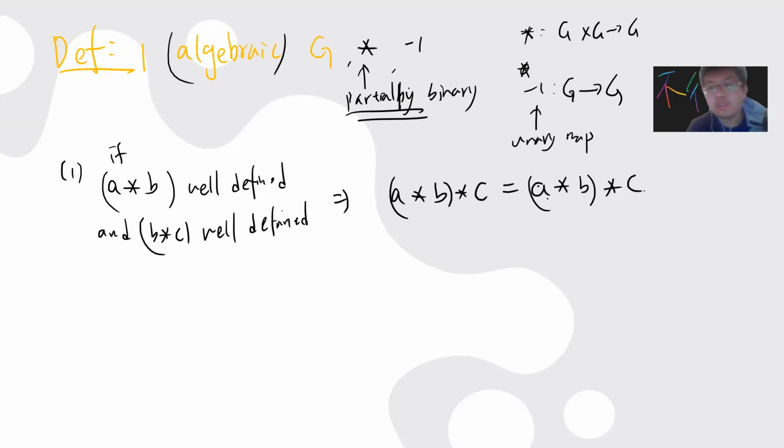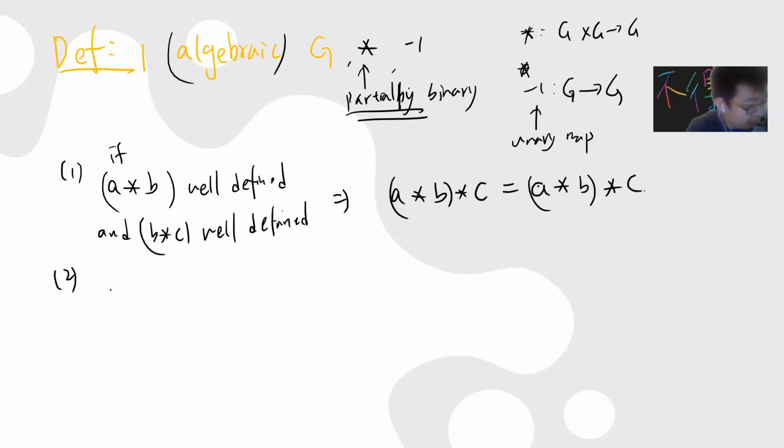You can see this is exactly the same as a group. The only difference is that if A star B exists and B star C exists, then this must exist and they must have associativity.